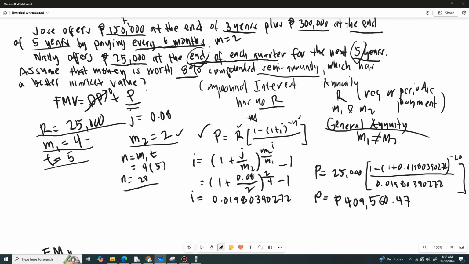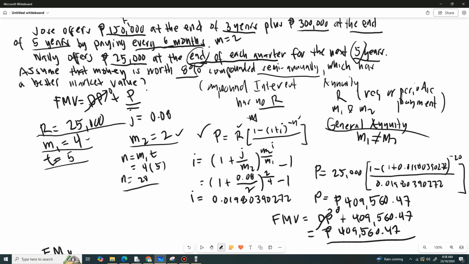So our fair market value for Wally's offer, with no down payment, is 409,560.47.